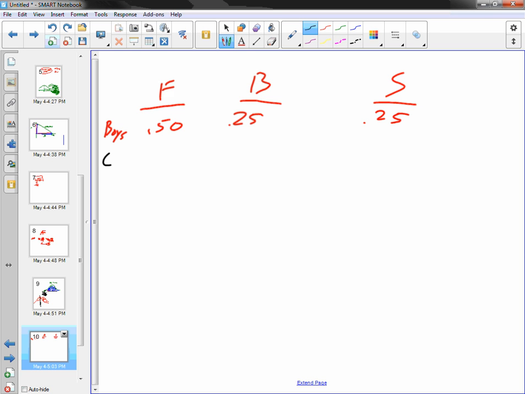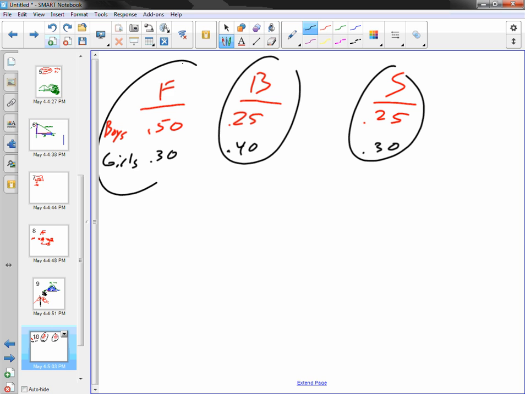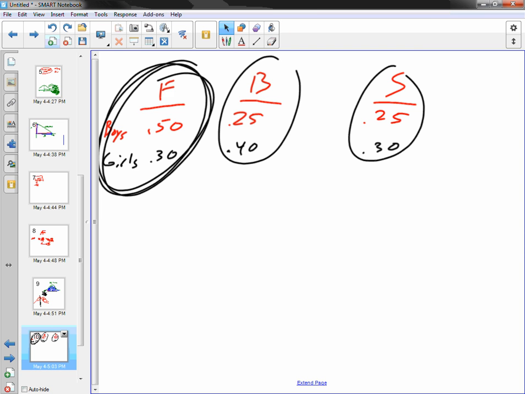And then we did girls, and let's say that 30% of girls like football, 40% like basketball, and 30% like soccer. Do basketball and soccer keep me from being able to compare the proportion of boys and girls that like football? Absolutely not, because I'm talking about football. It doesn't matter that there's another category here.